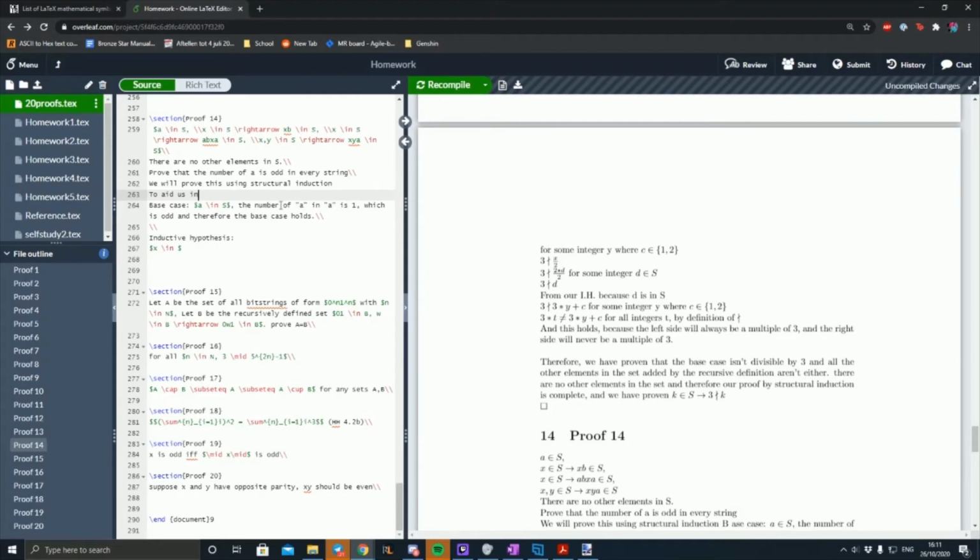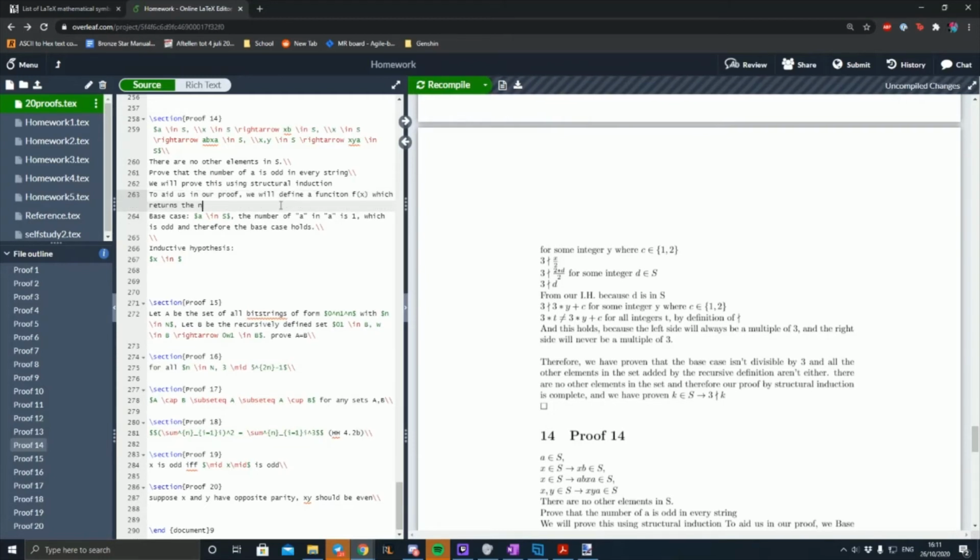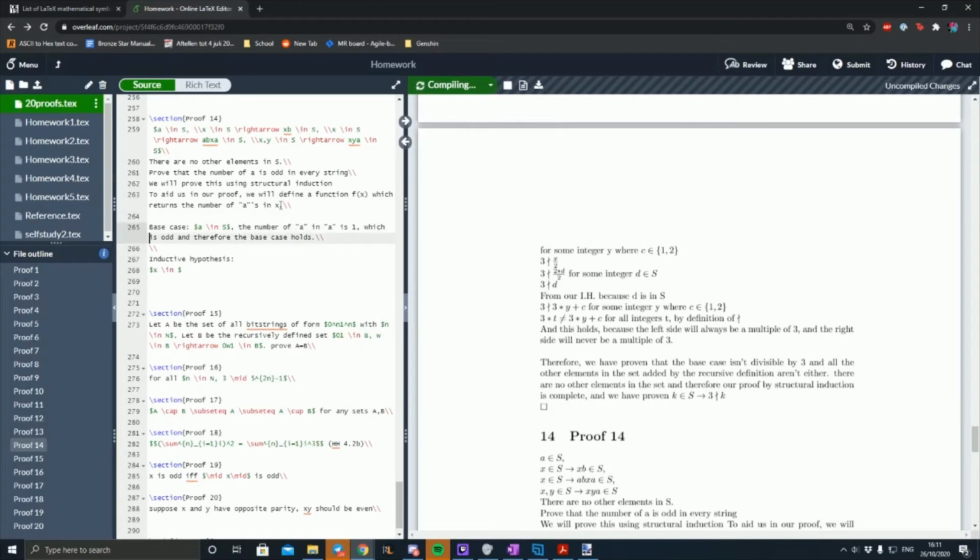To aid us in our proof, we will define a function f of x, which returns the number of A in x. Base case: f of a is 1, which is odd, and therefore the base case holds.